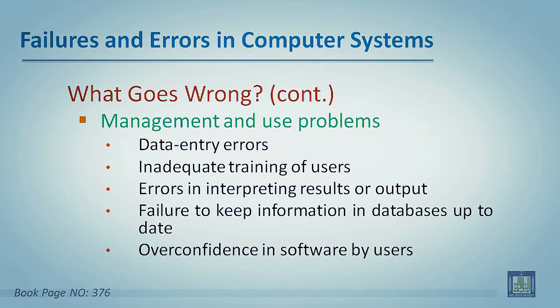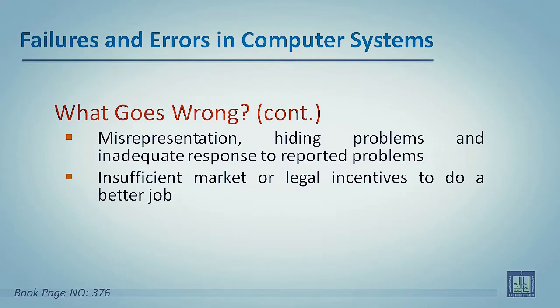Also, regarding management and use problems. This issue has many things, such as data entry errors, lack of training of users, errors in interpreting results or output, failure to keep information in databases up to date, and overconfidence in software by users.